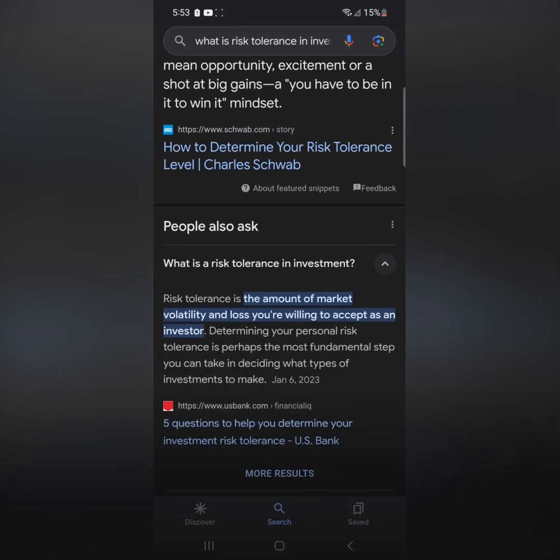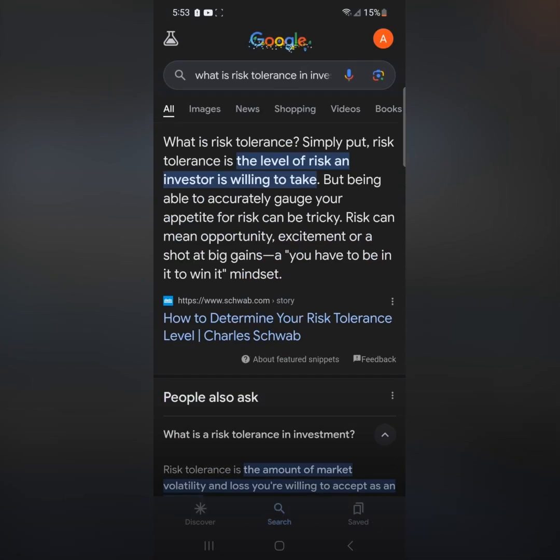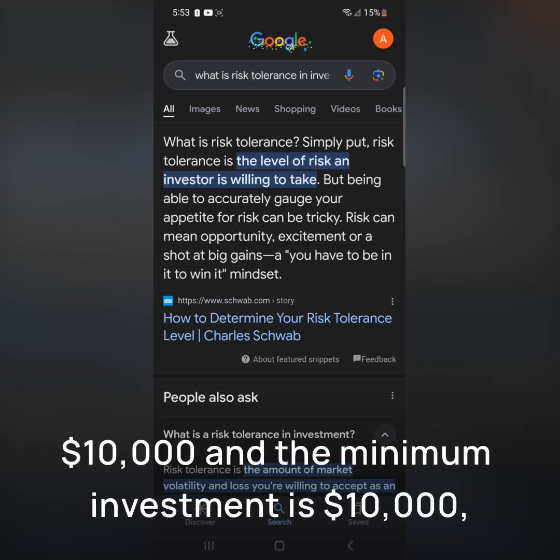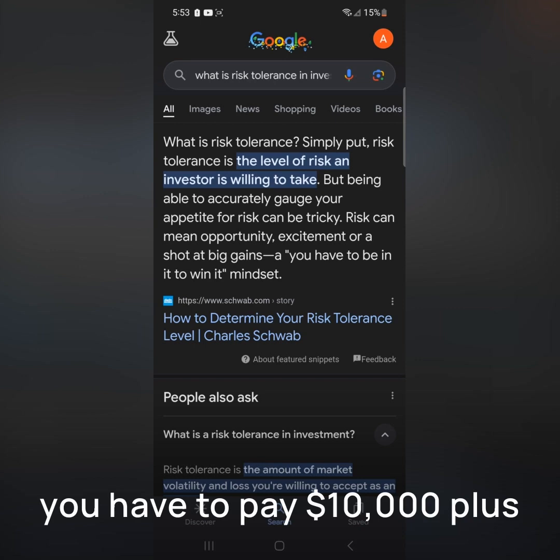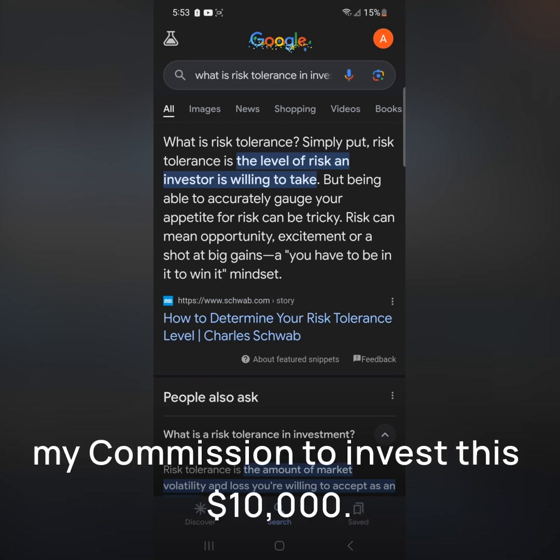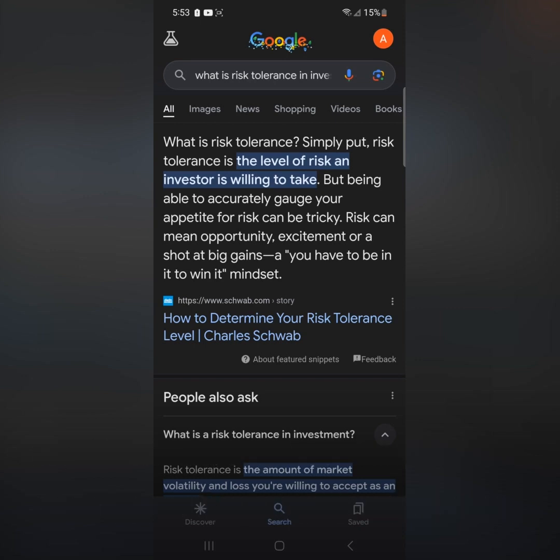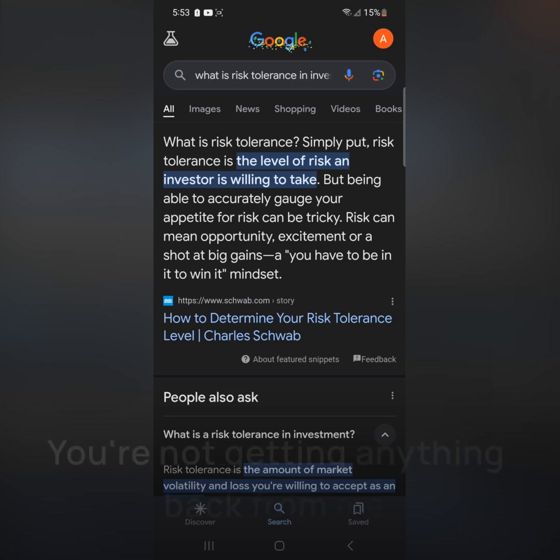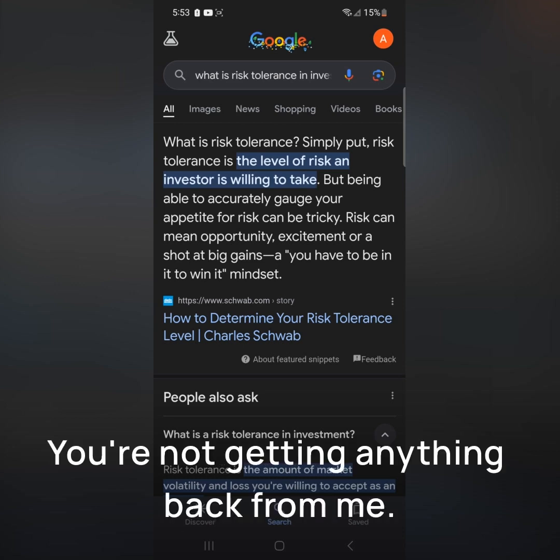The amount you're willing. So, for example, if it takes you several years to save up $10,000 and the minimum investment is $10,000, you have to pay $10,000 plus my commission to invest this $10,000. And then the next day the market takes a crash and your $10,000 goes to zero. You're not getting anything back from me.